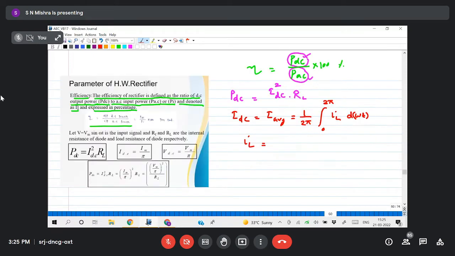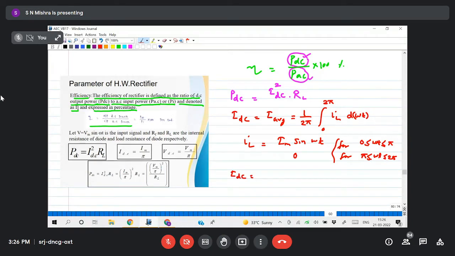Once you know that, we can replace it here. So IL equals Im sine omega t for 0 to pi, and 0 for pi to 2 pi. Now replace this here.